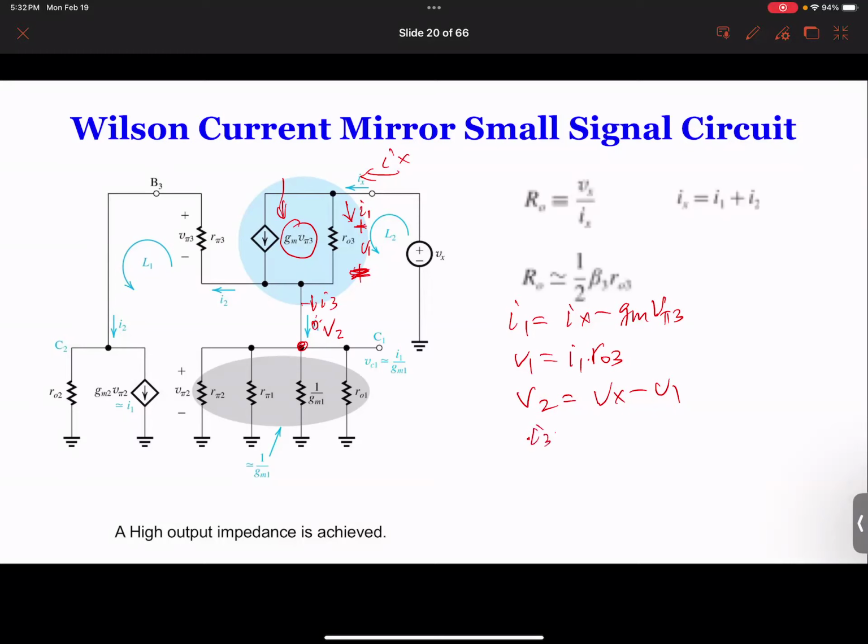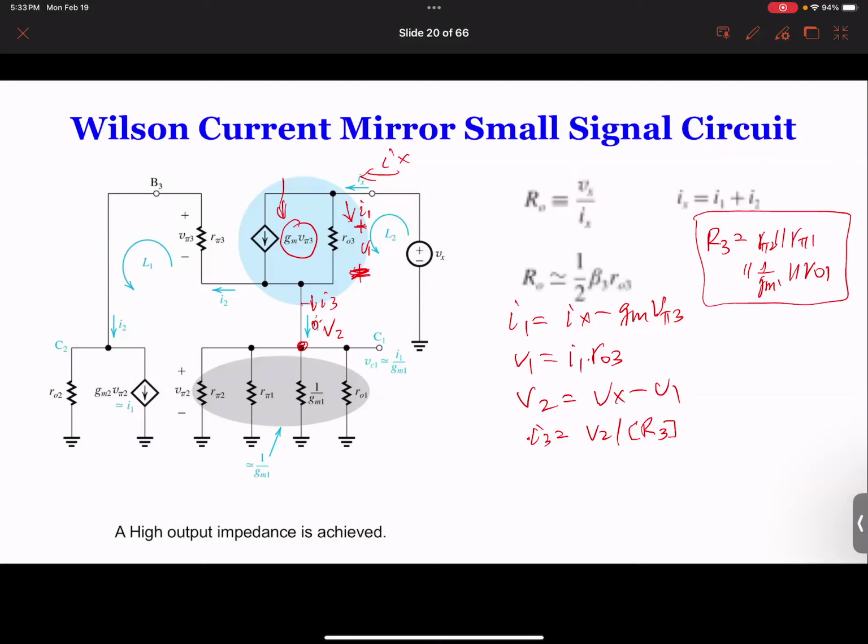So I3 equals V2 over the four resistances in parallel. Let's call it R3. So R3 basically equals Rπ2 in parallel with Rπ1, in parallel with 1 over Gm1, and in parallel with RO1. So this is R3 over here.